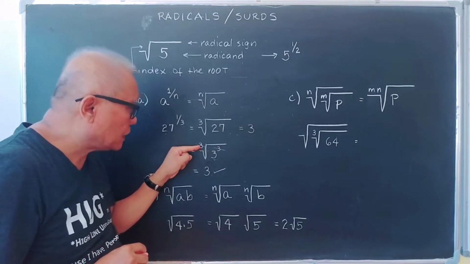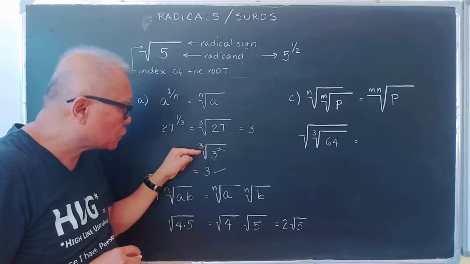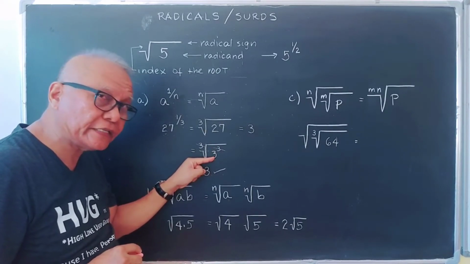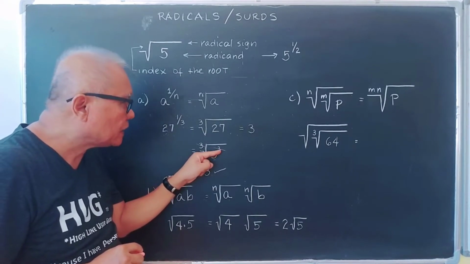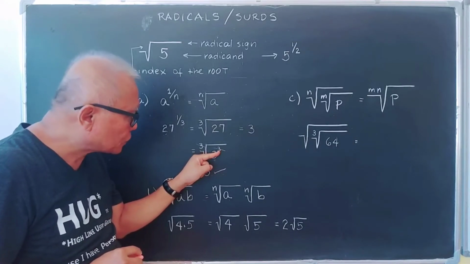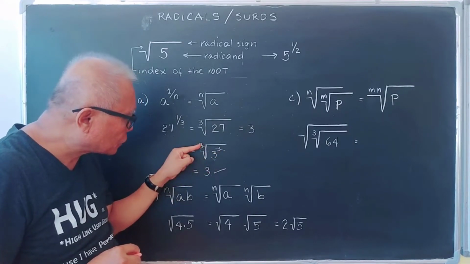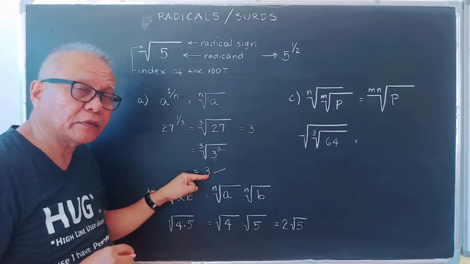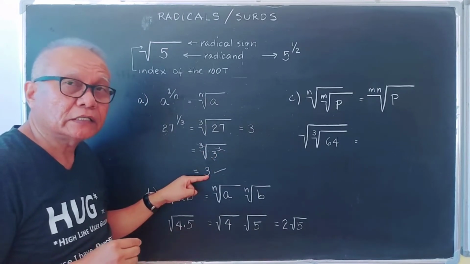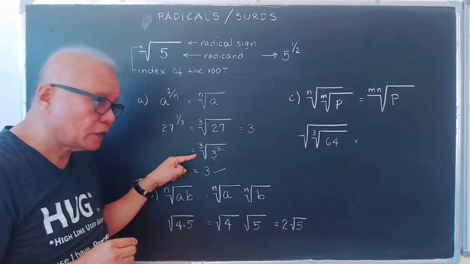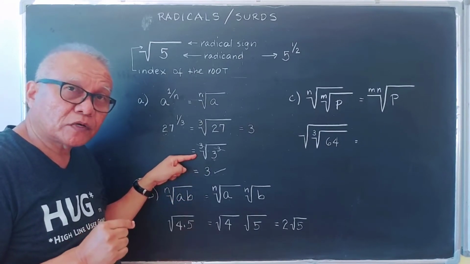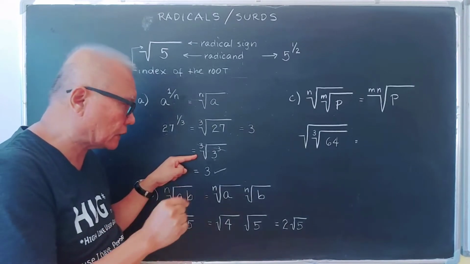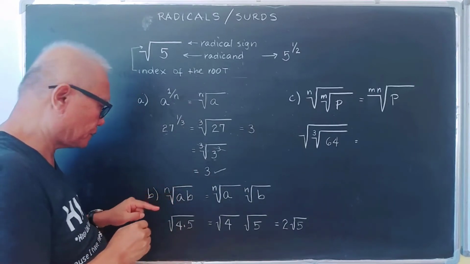If this one is a square root, this one is 2, then we have 9 only, because 9 can be written as 3 squared. We have the 2 here, we have the 2 here, we cancel that one, and we have the answer 3, because 3 times 3 is 9. So always remember this concept, because we are going to use it later in our lesson.